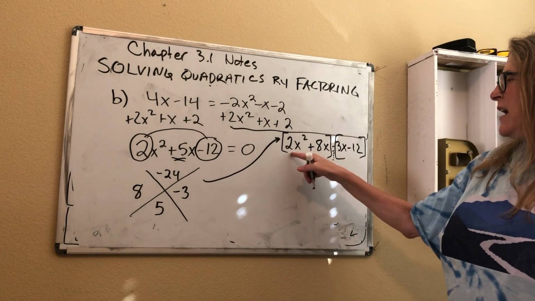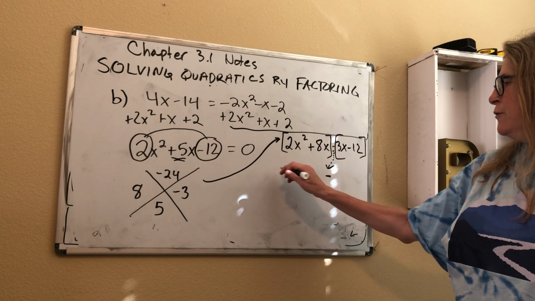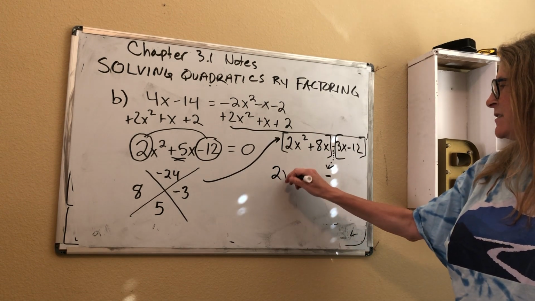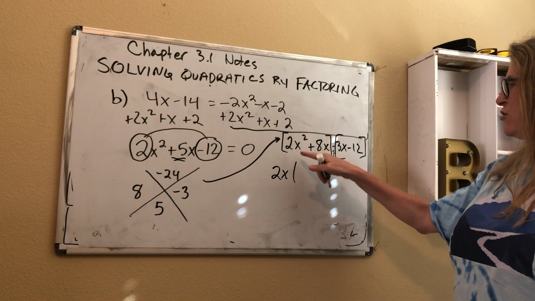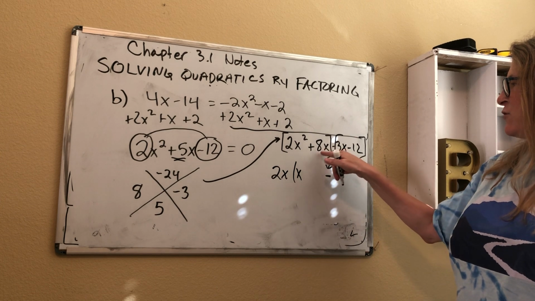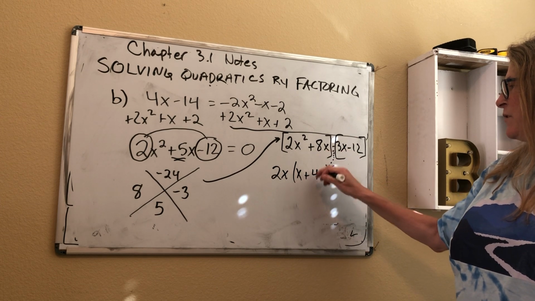Okay, greatest common factor in the first group. Well, there's a 2 for sure, because 2 and 8 both share a 2. And there's also an x. If I factor out a 2x from 2x squared, I'm just left with x. And if I factor a 2x out of 8x, I'm left with plus 4.